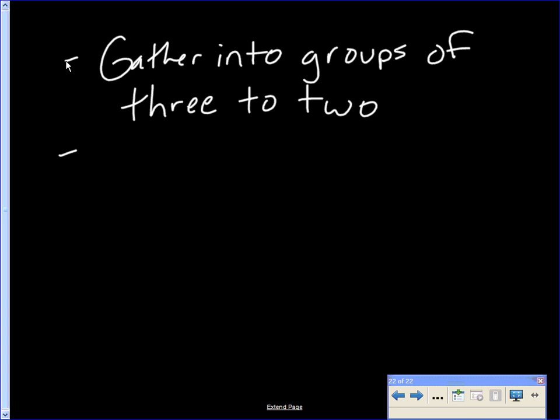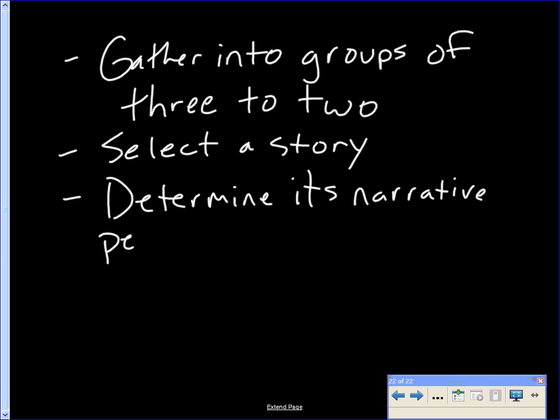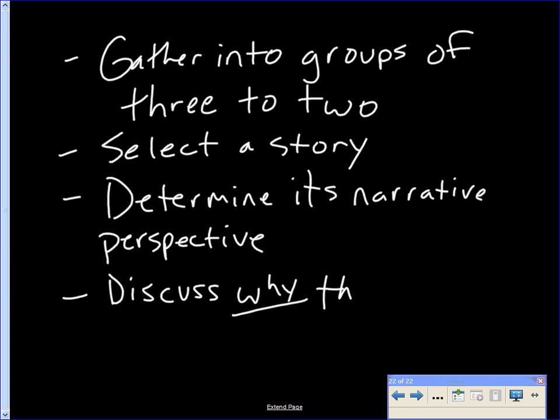I'd like you to pick a story, determine its narrative perspective, and then, and here's the interesting part and the challenging part, discuss why the author chose it.